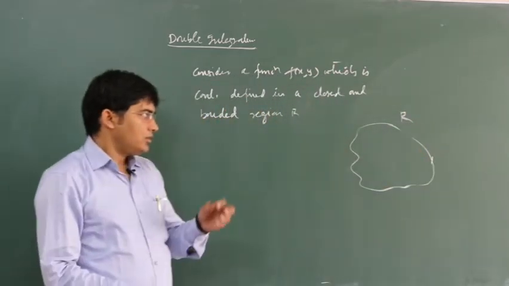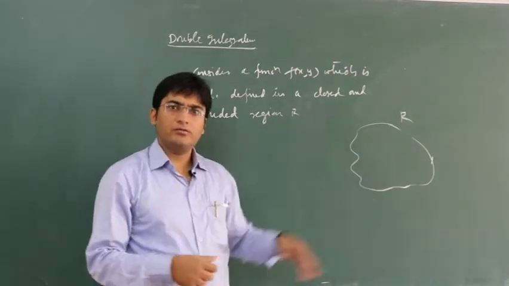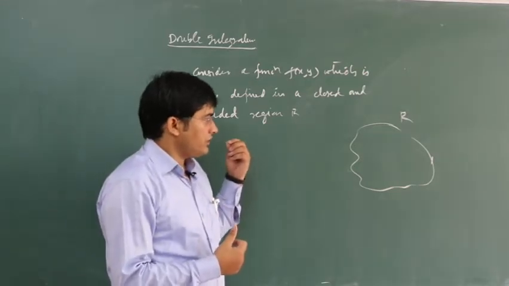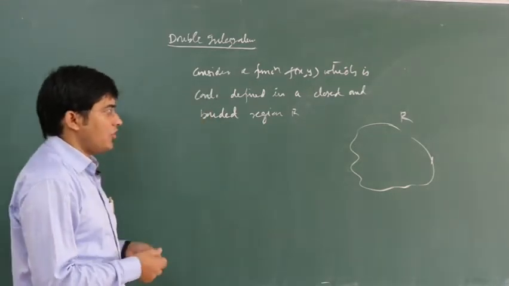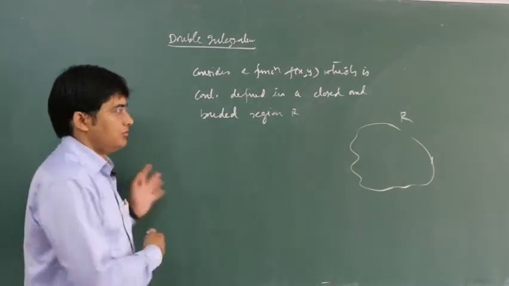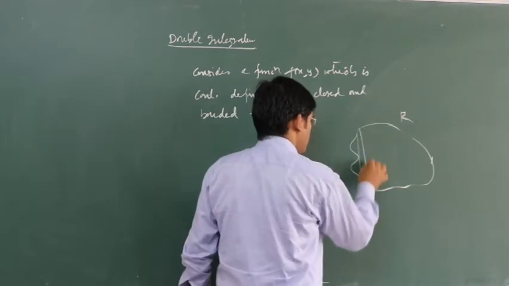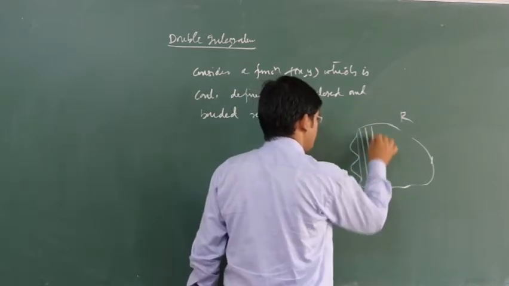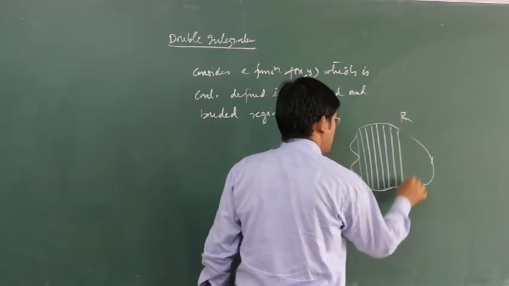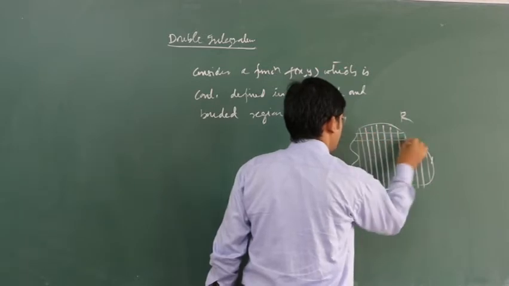Now I will divide this region into an infinite number of rectangles parallel to the coordinate axes. If you divide this region into rectangles by lines parallel to the x-axis, then we will have such types of rectangles.